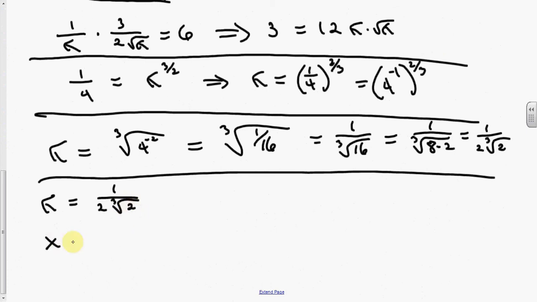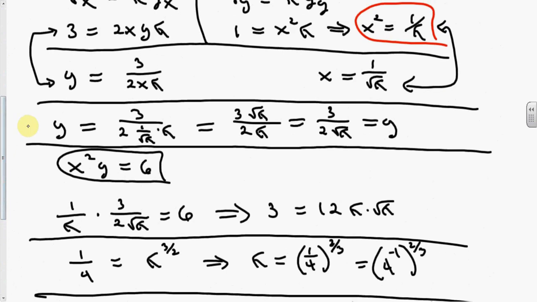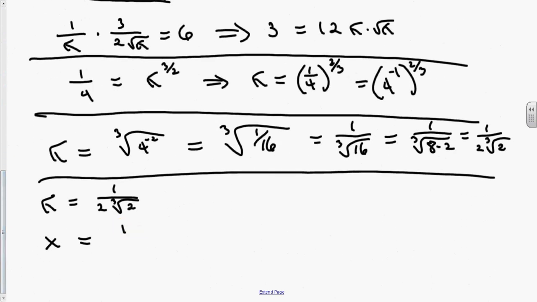So x, we said, was 1 over the square root of that. X is 1 over the square root of lambda.